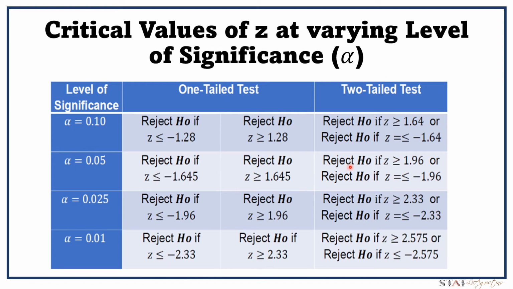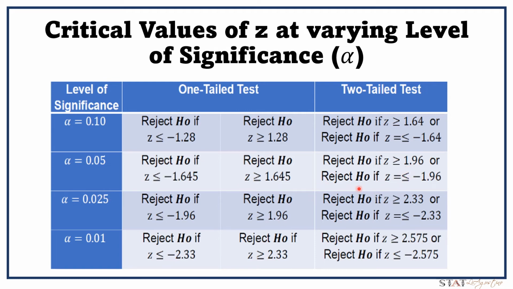You can only reject HO if Z computed, that is calculated from your data, is greater than or less than 1.96. Where did this 1.96 come from? It's from the Z table corresponding to your areas. So that's an example of your critical region, 1.96 if it is two-tailed.